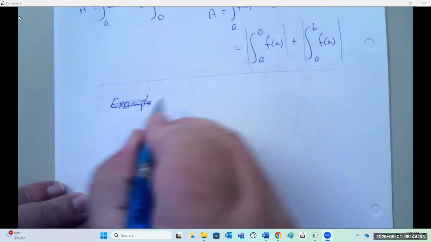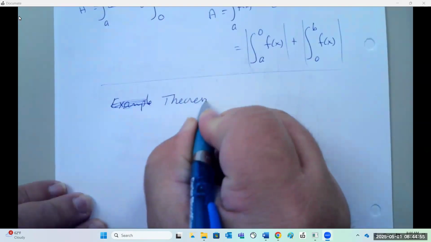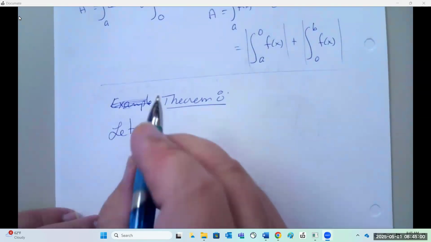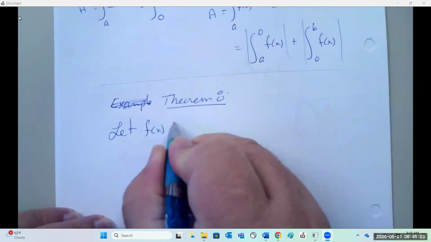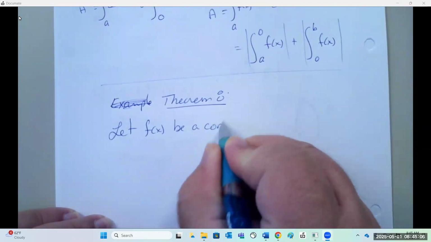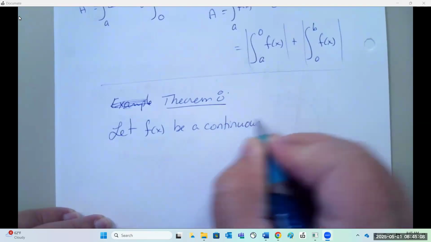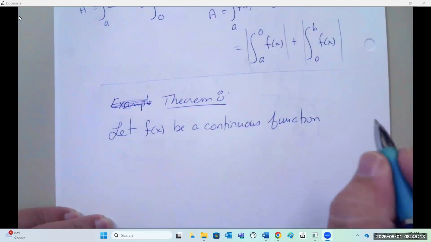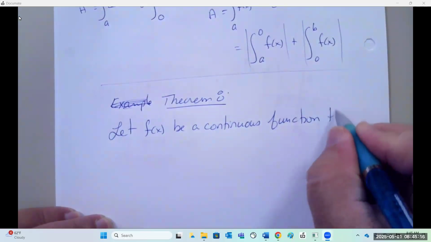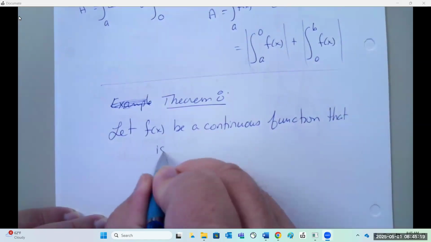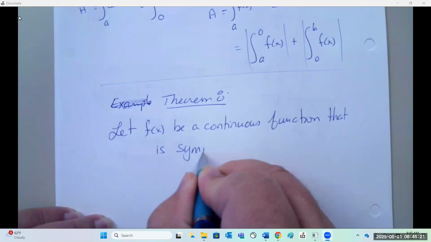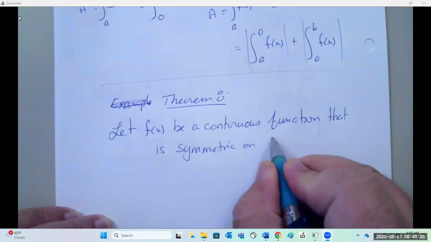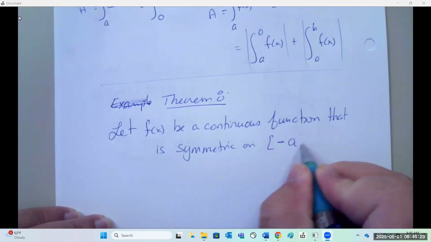Here's a theorem for it. Theorem 8. Let f of x be a continuous function that is symmetric on the closed interval negative a to a.